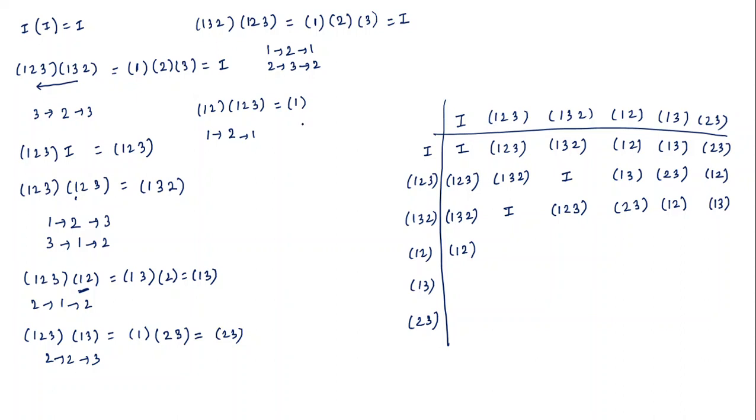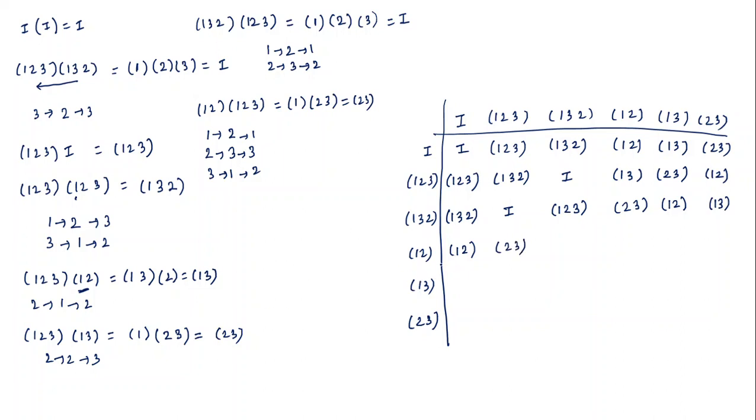Now let us see what is the image of 2. So 2 is mapped to 3 and 3 to itself. So 2 is mapped to 3. For surety, let's find the image of 3 also. So 3 is mapped to 1 and 1 is mapped to 2. So obviously 3 is mapped to 2. So this is equal to the cycle (2 3).